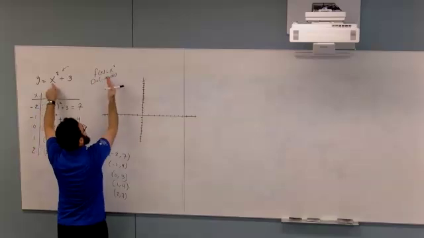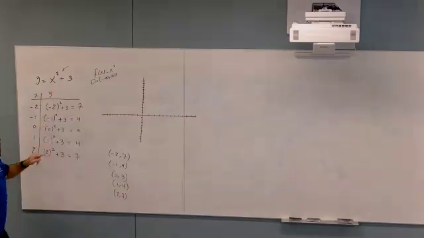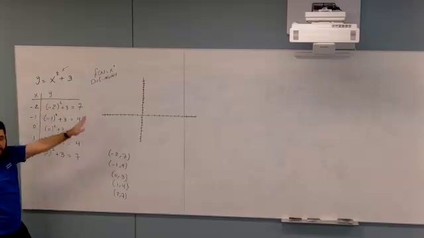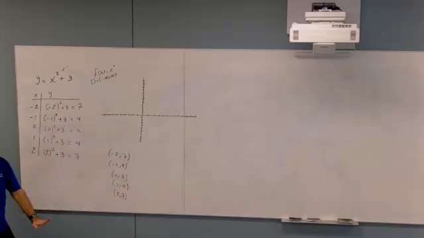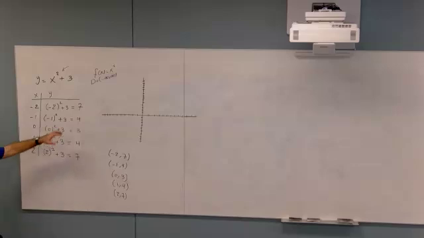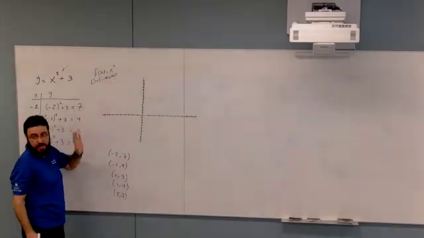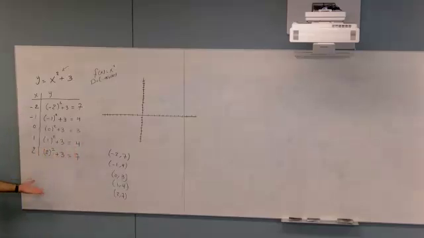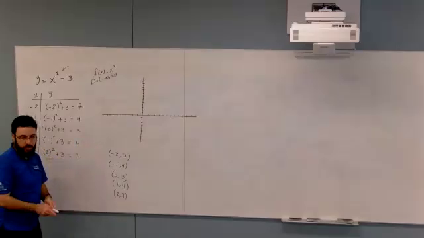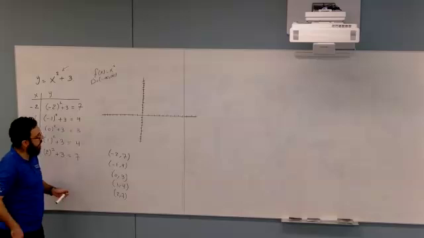Always you can choose negative numbers and positive numbers. Every time you see x squared, keep in your mind, I can choose negative numbers and positive numbers. Why? Because the domain is negative infinity to positive infinity. Is that okay?